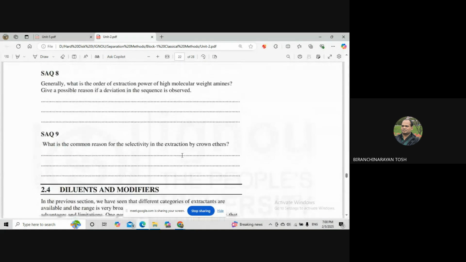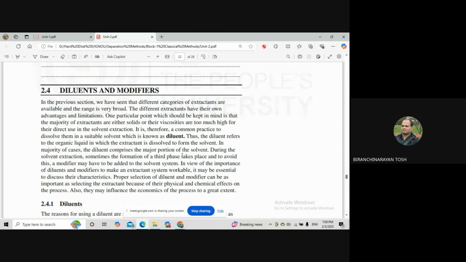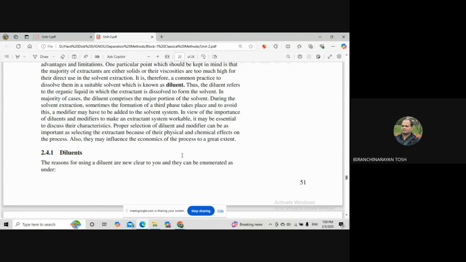Then we move next to the diluents and modifiers. So what are the diluents? Why do we use a diluent? One particular point to be kept in mind is that the majority of the extractants are either solids or their viscosities are too high for direct use in solvent extraction.